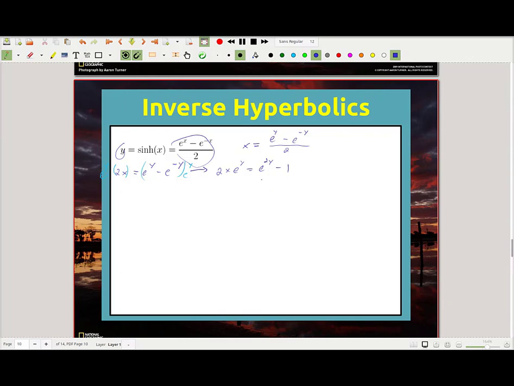Alright, let me solve this for 0, because notice what I have here is a quadratic equation. So if I move this left side over, I'll have 0 equals e to the 2y minus 2x e to the y minus 1.